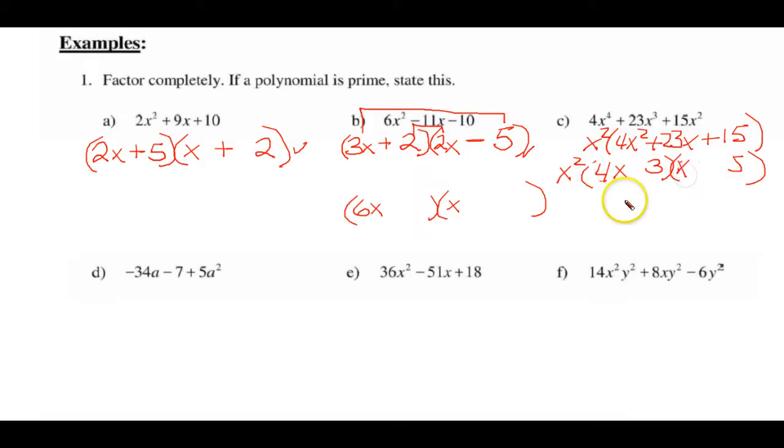Yeah, I see this is going to work now. Because my outers are 20, my inners are 3, and that gives me that. All right, so just to show you how we guess and check, and then we FOIL to see if we got it right. So on your exit exam, you know, this is the kind of work that we would need to see. All right, let's raise it up.